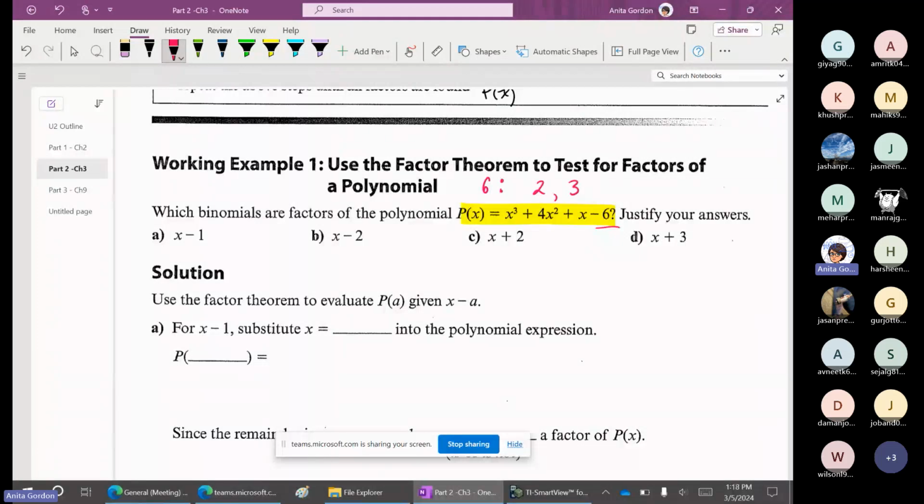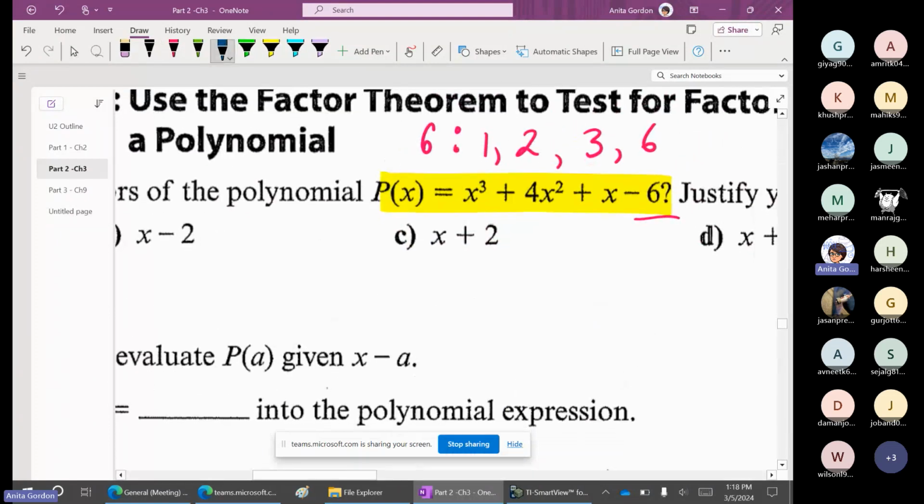What other terms? 1 and 6. 1 and the number itself are always going to be possible factors. We also need to remember that these could be integers that are either positive or negative. So plus or minus each of them.